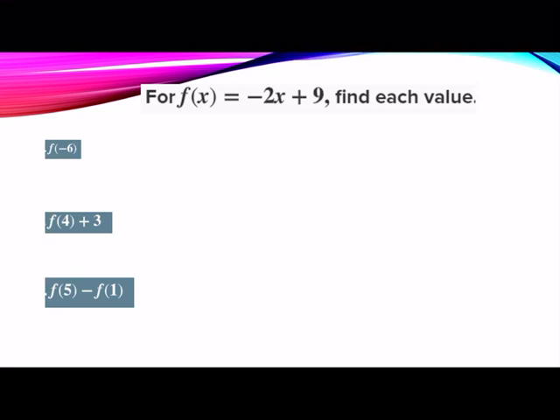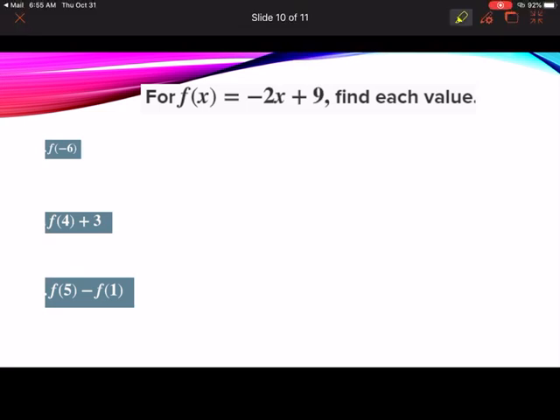For f of x equals negative 2x plus 9, find each value. People get confused on this, but there's really no reason. All we're doing is taking this negative 6 and plugging it in for the x. See how it went in for the x here? That means I need to put it in for the x there.